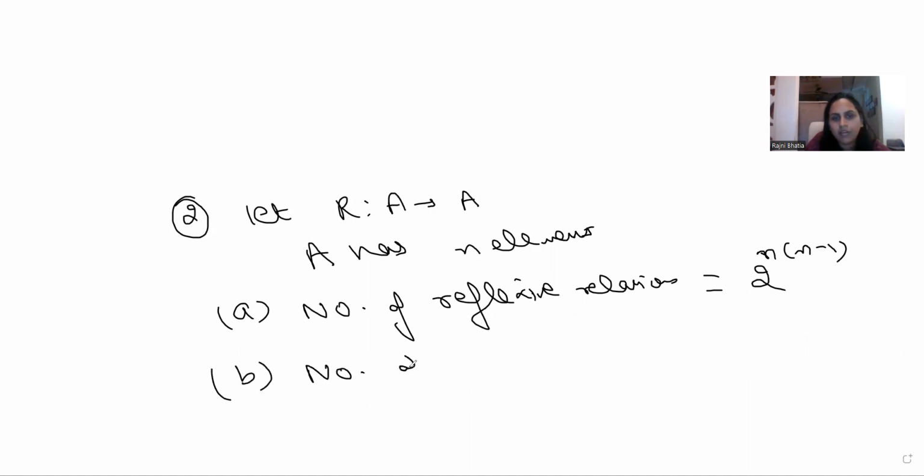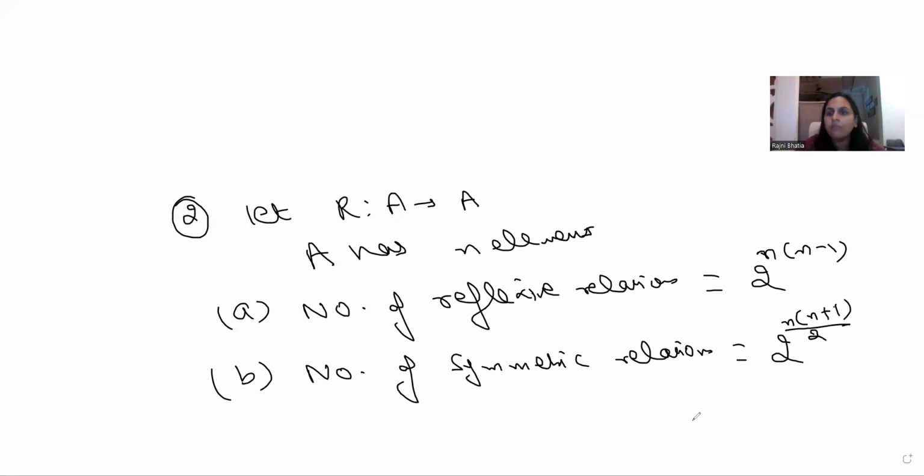Similarly, the number of symmetric relations is given by the formula 2 raised to the power n into n plus 1 upon 2.